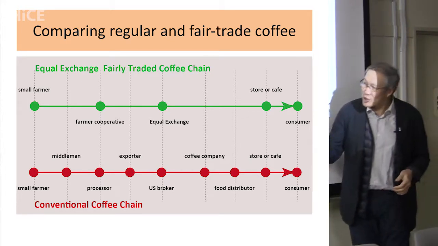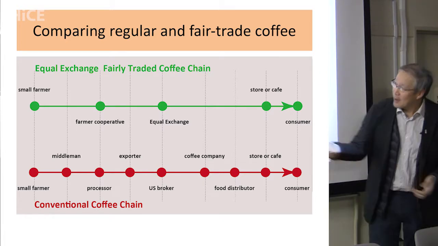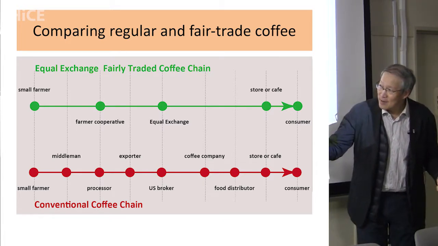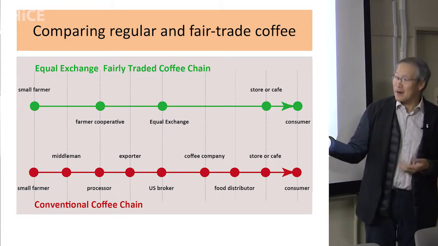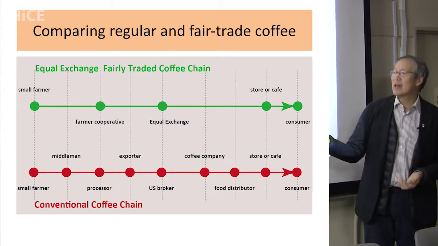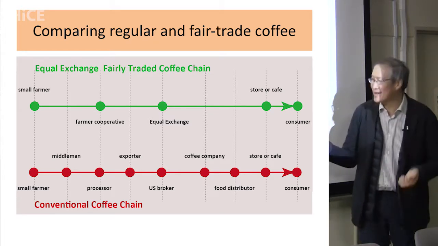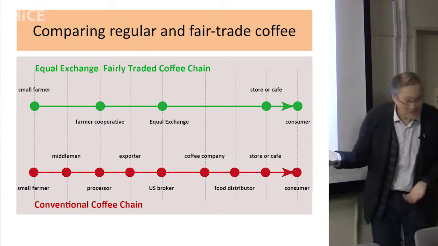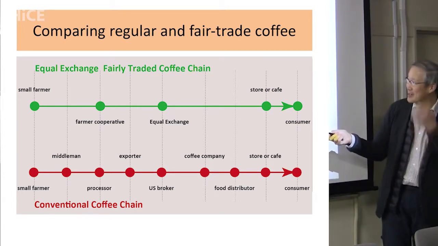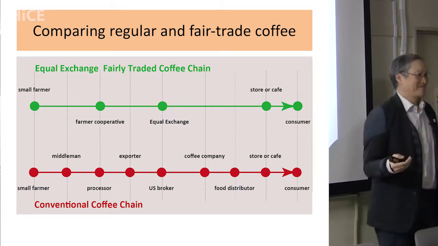Now, in a conventional, regular coffee chain, the small farmer sells the coffee to the big farmer and middleman, and then it goes to the processor, it goes to the exporter, it goes to the broker, and then it goes to the coffee company, distributor, finally it goes to the store, and finally it goes to you.